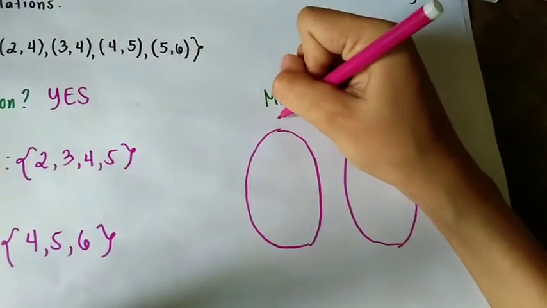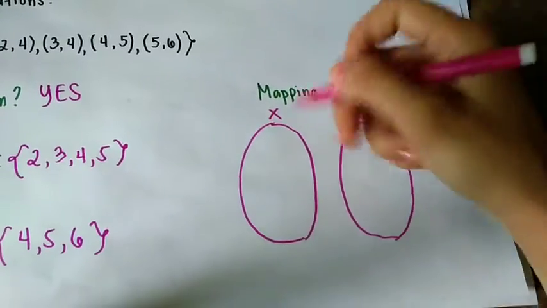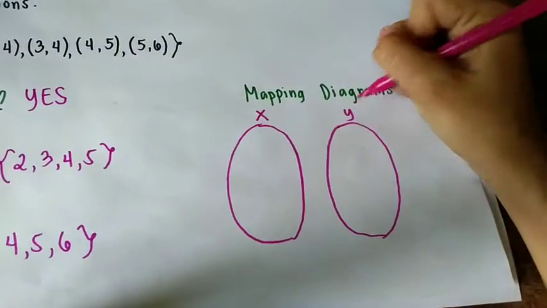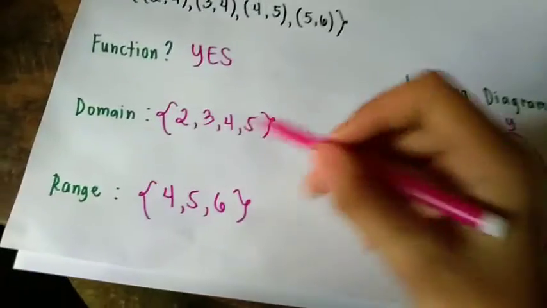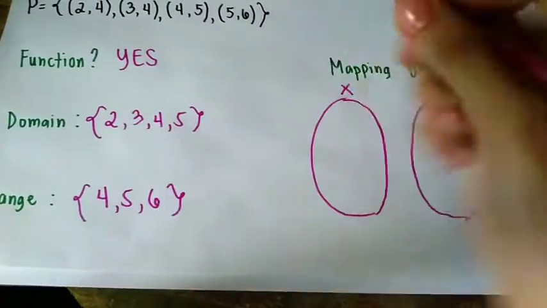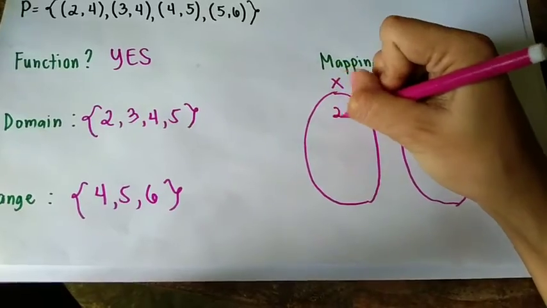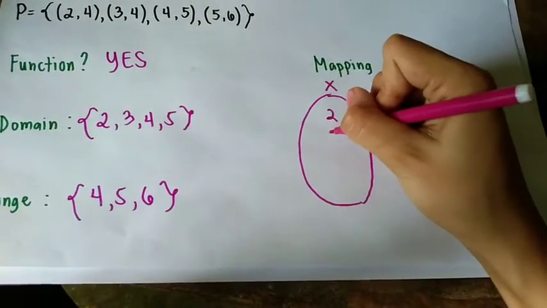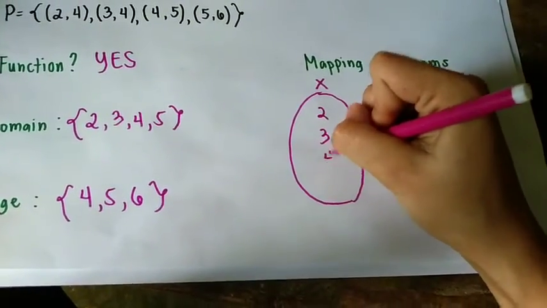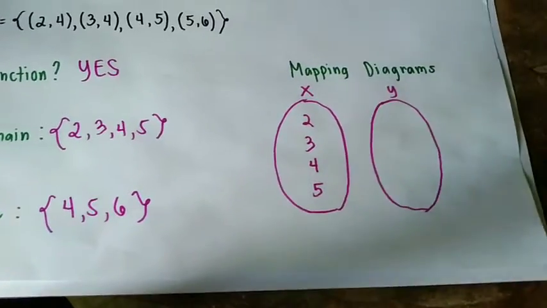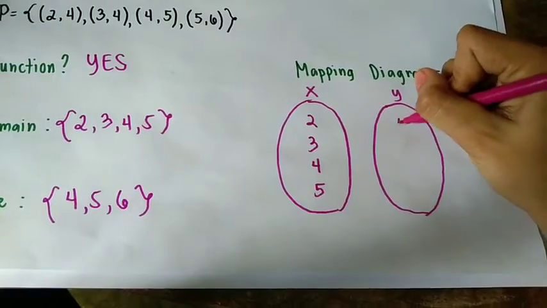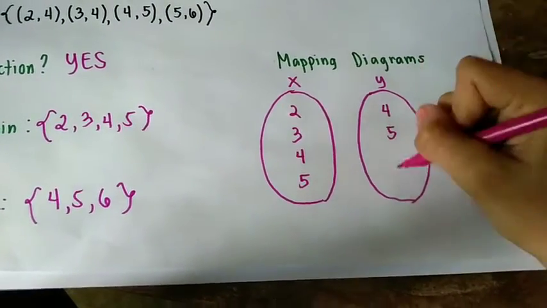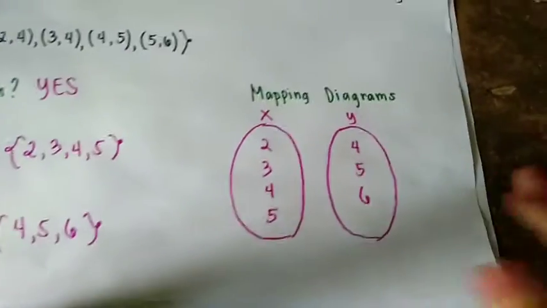So, this is the x values or the domain, and these are the y values or the range. So, our domain are 2, 3, 4, and 5. And our range are 4, 5, and 6.